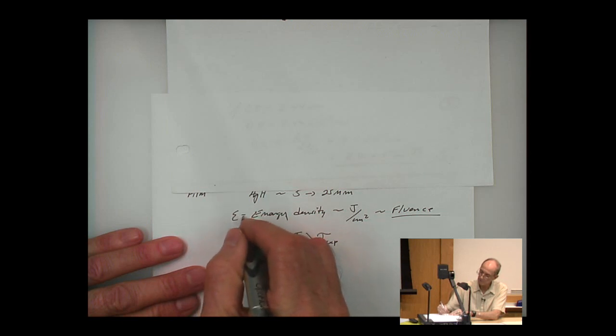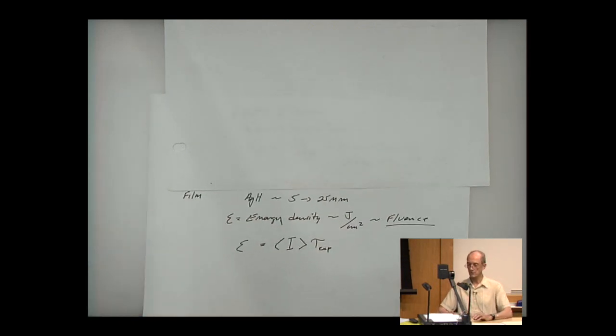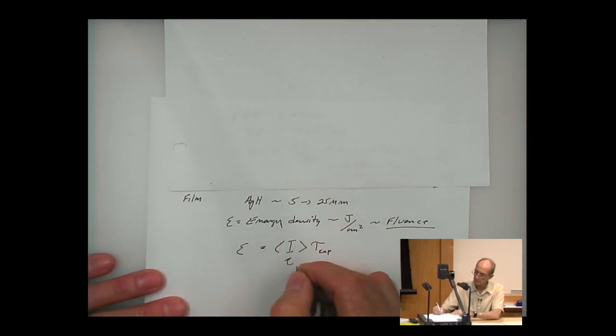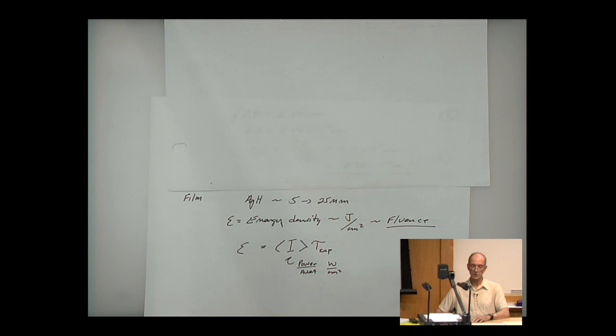Okay, so we'll call that E. So when you're making a hologram, basically, what you'll be doing is measuring the irradiance. So this again is the power per unit area, or the watts per centimeter squared that you may have. And then you'll be calculating, there's a specific range of exposure which is required for particular materials.